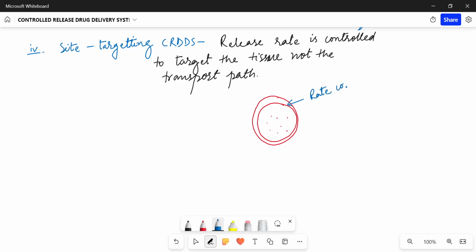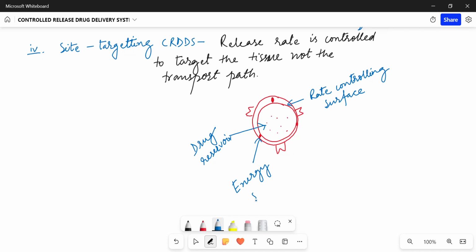Rate controlling surface, drug reservoir, energy sensor or biochemical responsiveness, and this is the targeting site.